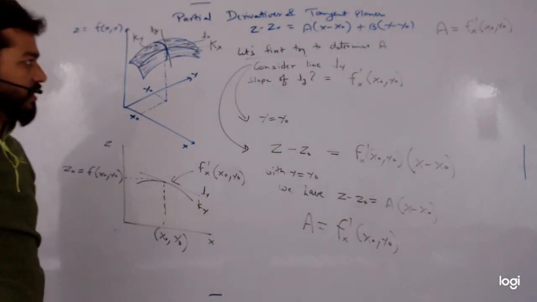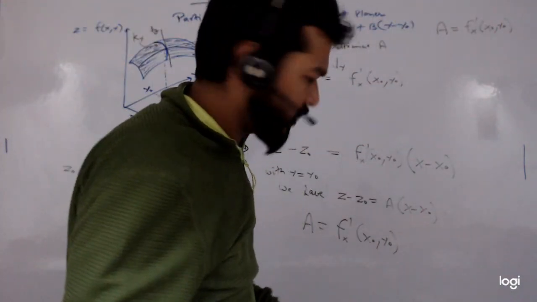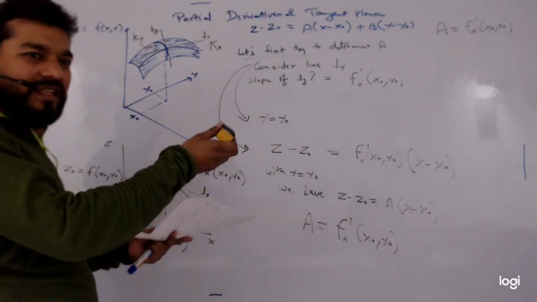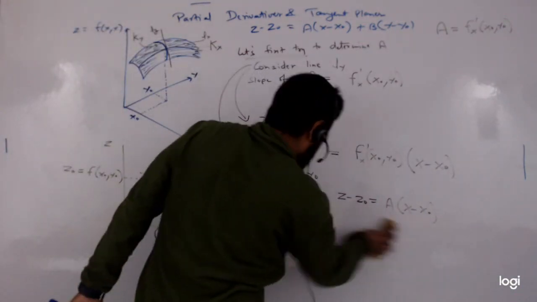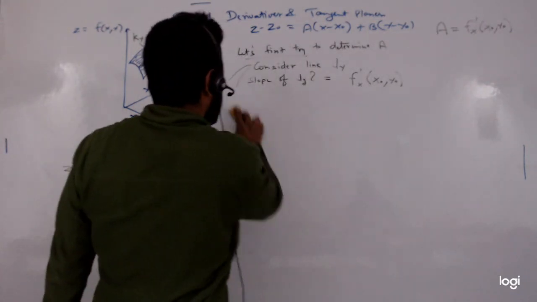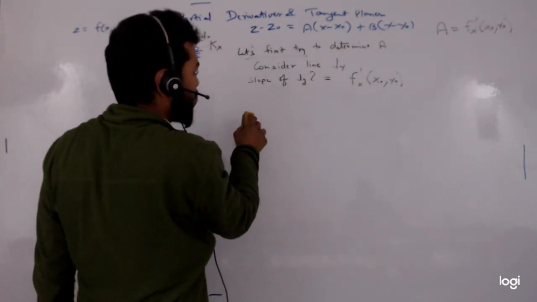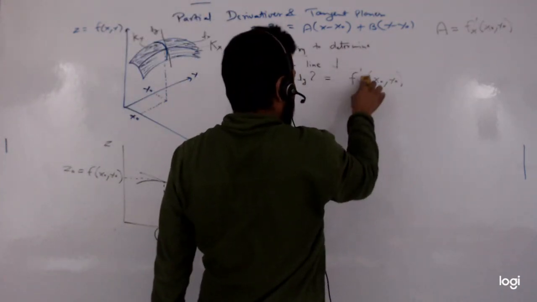Now what remains is we need to determine b. Although I can just say that it's the exact same procedure, it may help students if we go over this again.